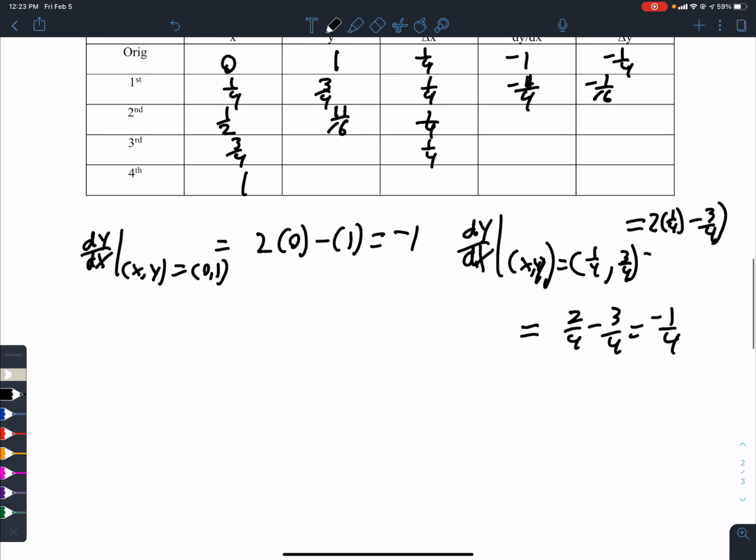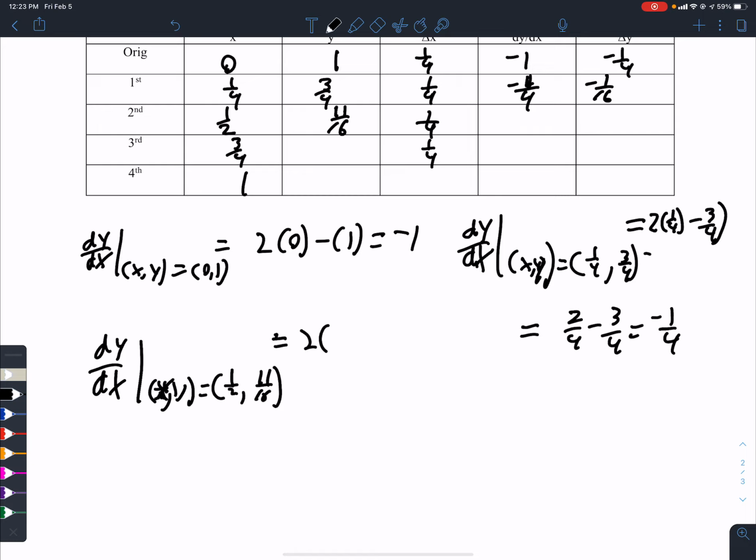Now we have to find our slope again, dy/dx at the new point. Our new point is x, y equals 1/2, 11/16.